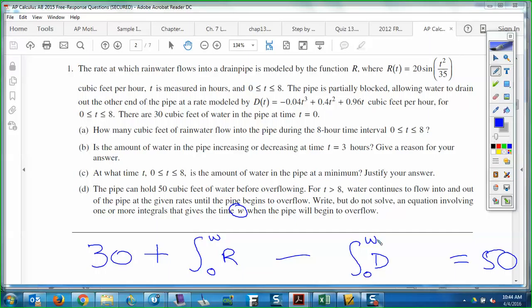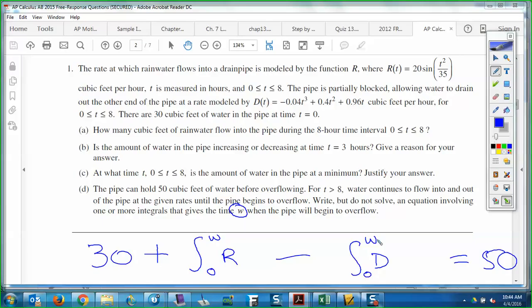Like, for example, on this particular one, this might be worth 4 points. You might have a point for having the 30 on there, a point for setting it equal to 50, or having a 20 involved somehow, a point for having the integral of R minus the integral of D. So you probably could have got most of the points, but you might have lost one if you didn't have a W there.